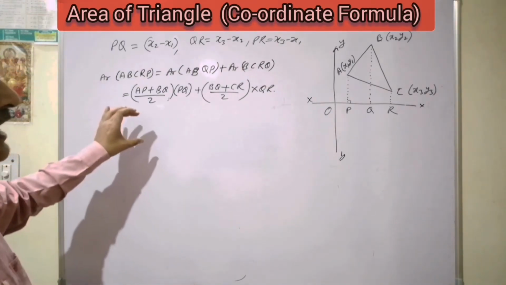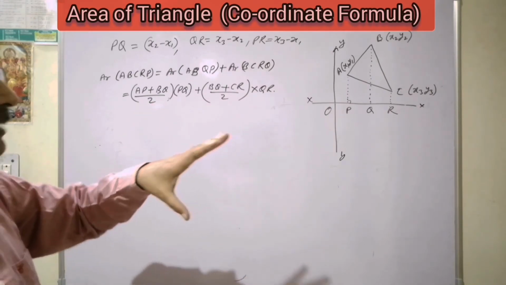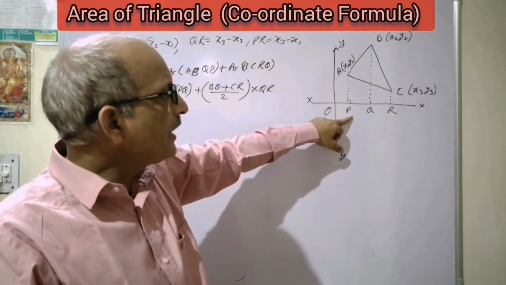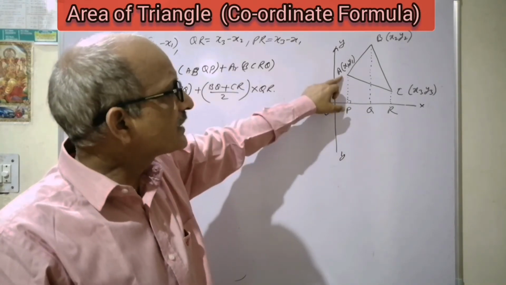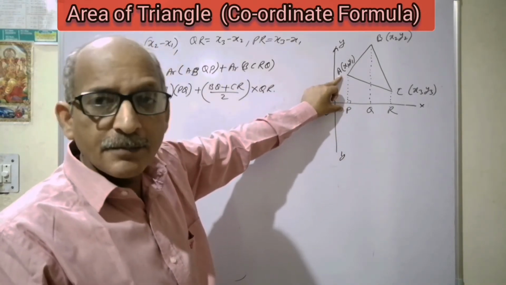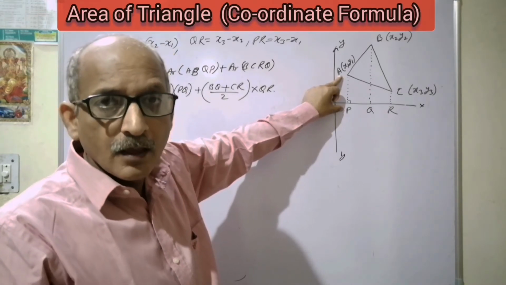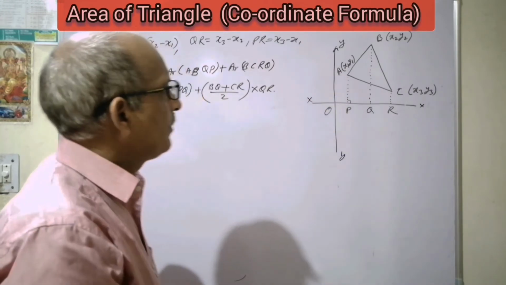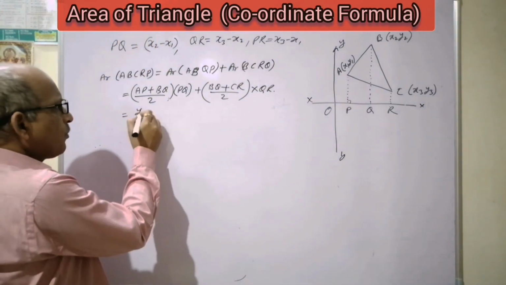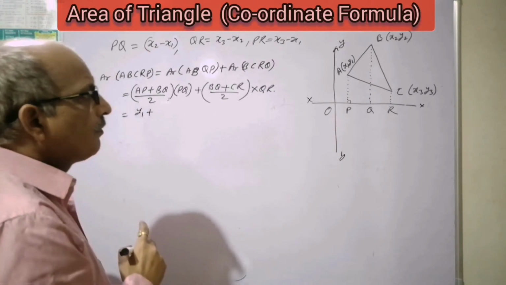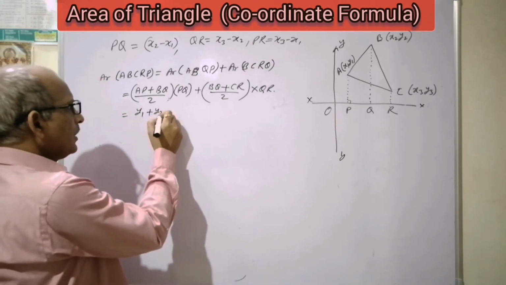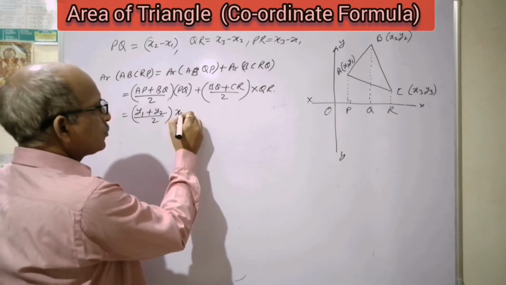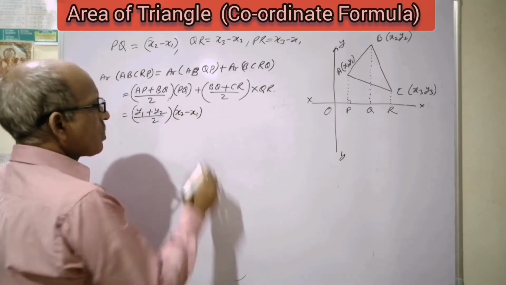So AP, what is AP? AP means the distance of A from P. P is on the x-axis. So the distance of A from P is given by the y coordinate. Is that clear to you? The y coordinate always gives the distance from the x-axis. So AP is y1. So that is equal to y1 plus BQ, which is y2, upon 2 into PQ, which is x2 minus x1.